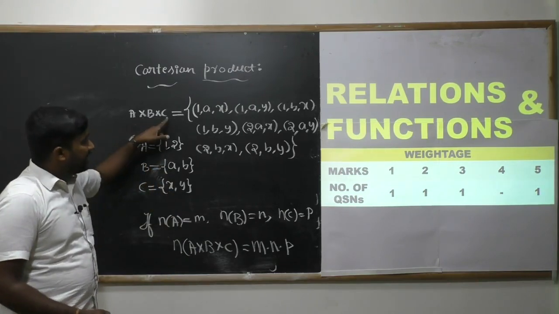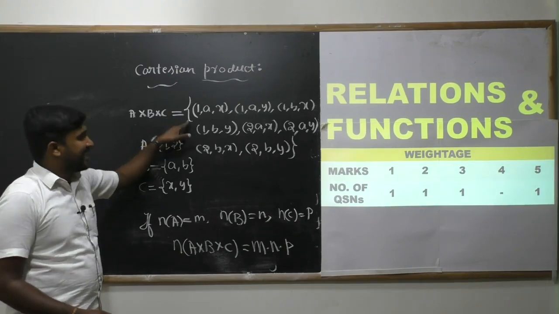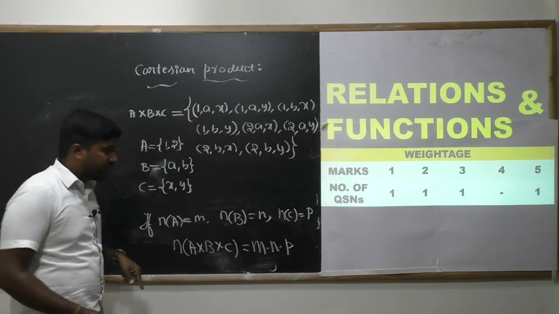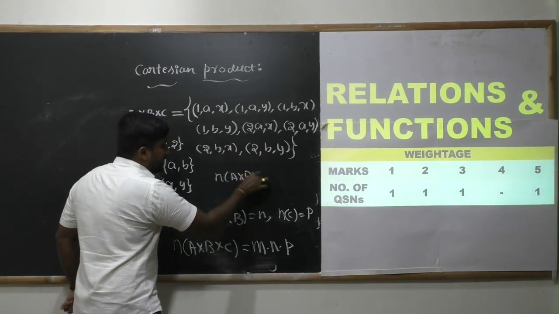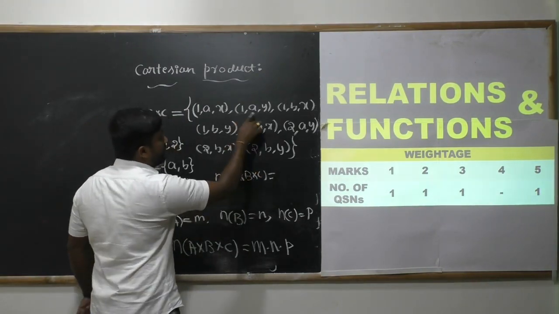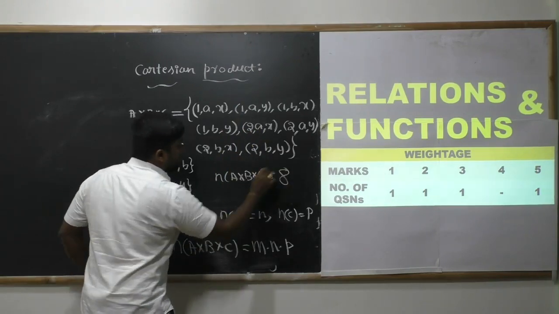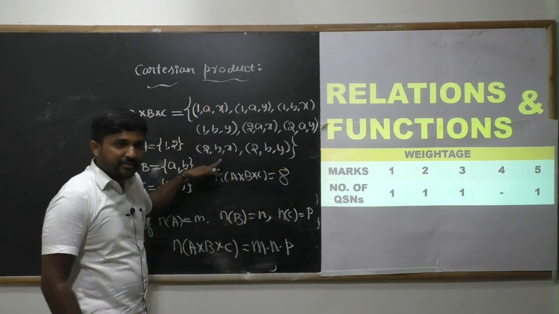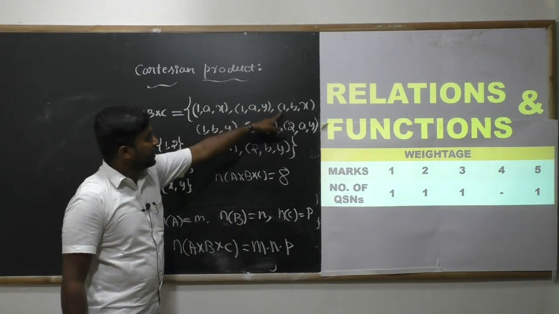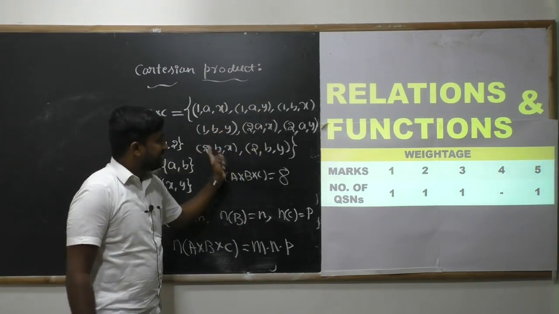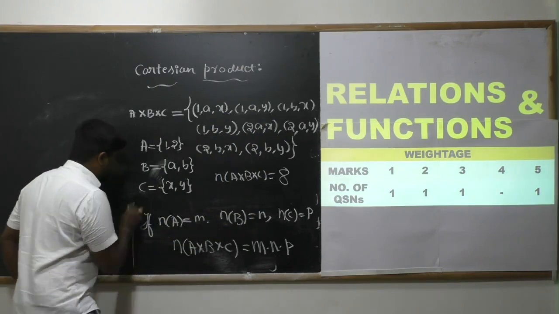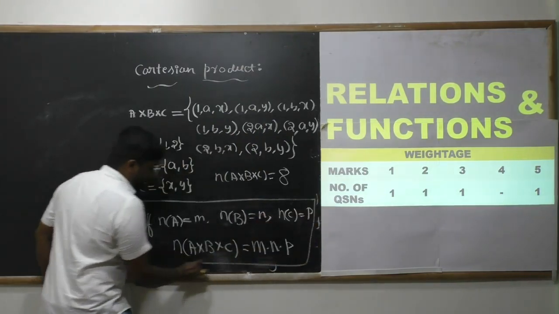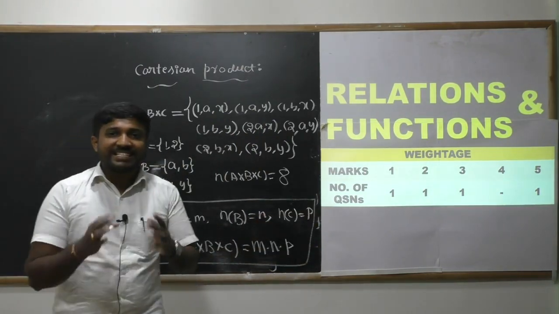Thus, n of A cross B cross C is 2 into 2 into 2, that is 8. Correct? 8 elements are present. Check: 1, 2, 3, 4, 5, 6, 7, 8. Please note down this result also about the cross product between 3 sets.